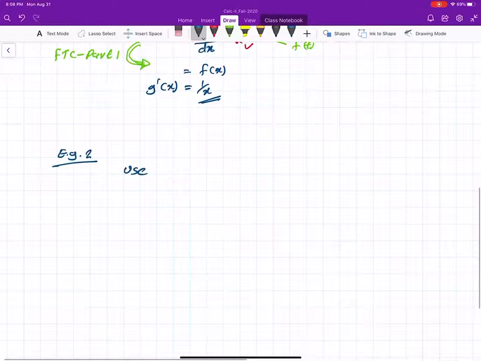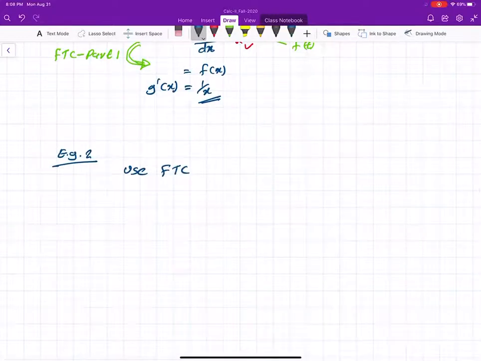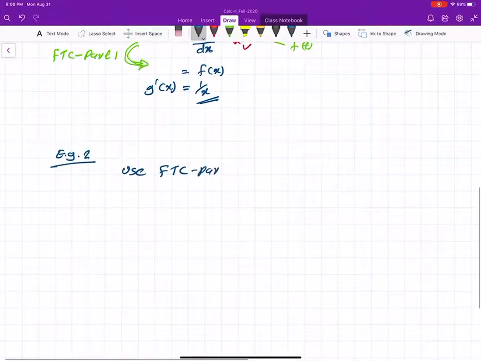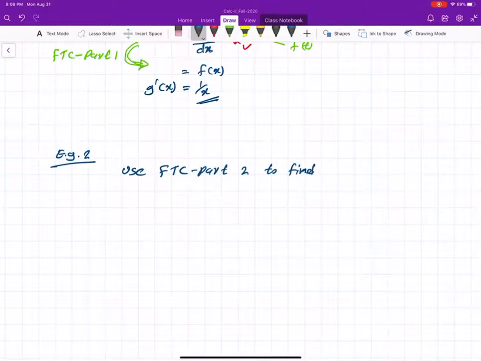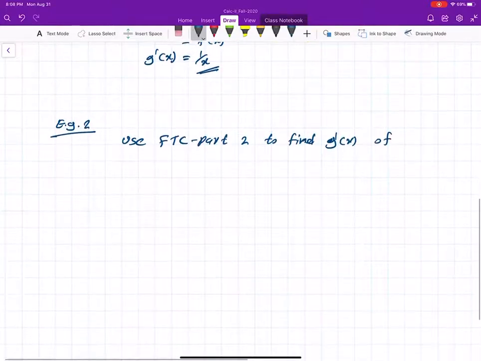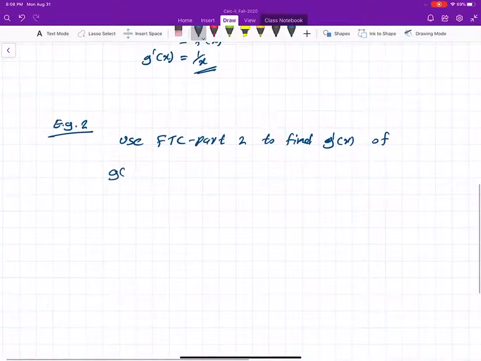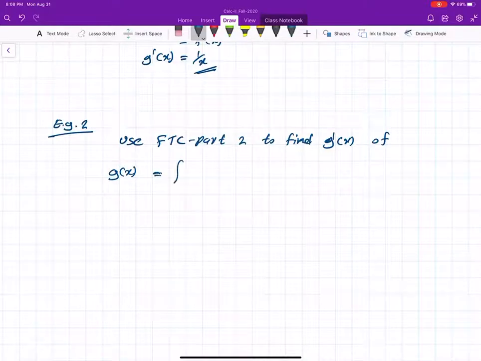Use fundamental theorem of calculus part 2 to find g prime x of this g of x, which is the integration from square root of x to 0 of sine t square dt.